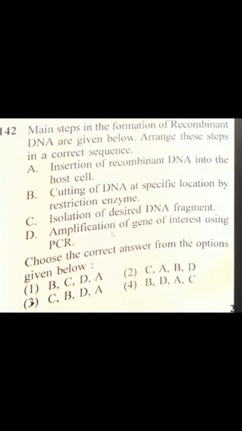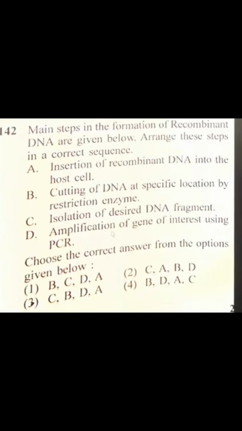Main steps in formation of recombinant DNA are given below. Arrange these steps in correct sequence. First, insertion of recombinant DNA into the host cell. Cutting of DNA at specific location by restriction enzyme. Isolation of desired DNA fragment. Amplification of gene of interest using PCR.